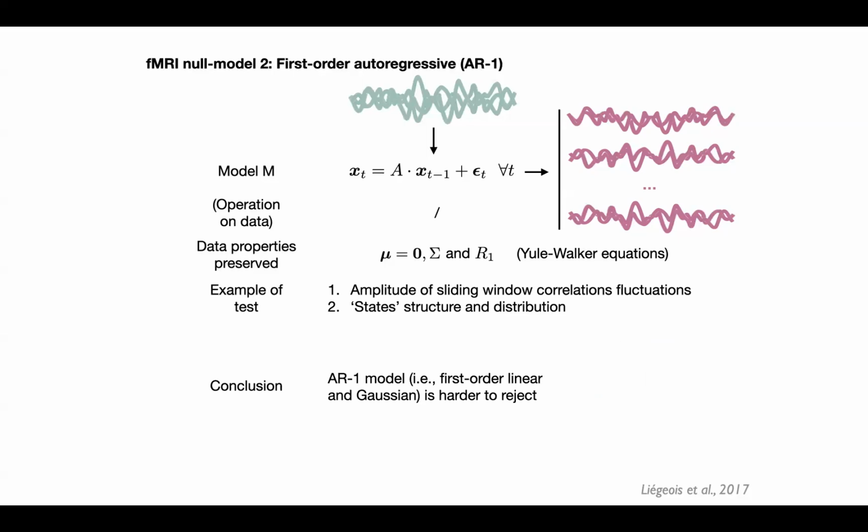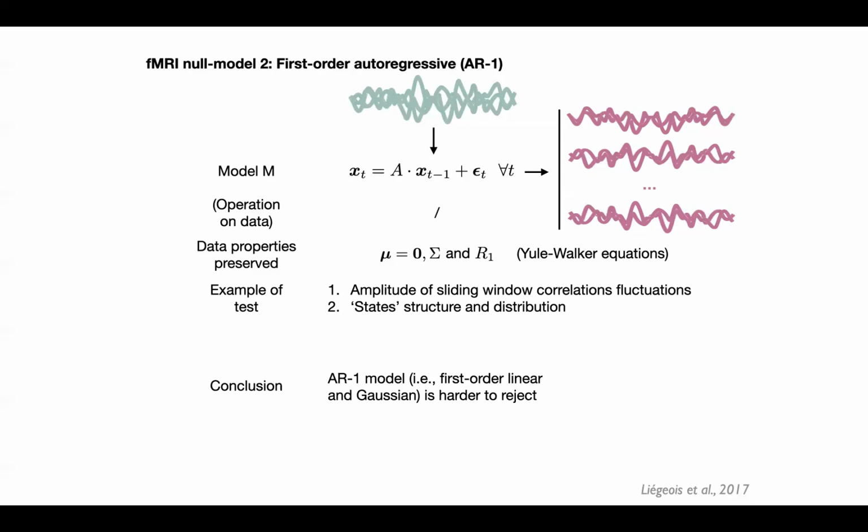Okay, the conclusion in the context of fMRI is that this model, as I said, is harder to reject, which suggests that these time series are to a large extent well represented by linear and Gaussian models. That doesn't mean that the brain is linear and Gaussian, that just means that fMRI time series are, well, mostly linear, I would say, based on these metrics that we used here.